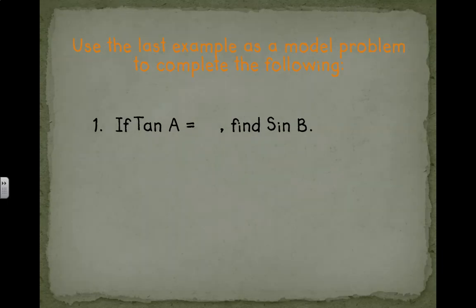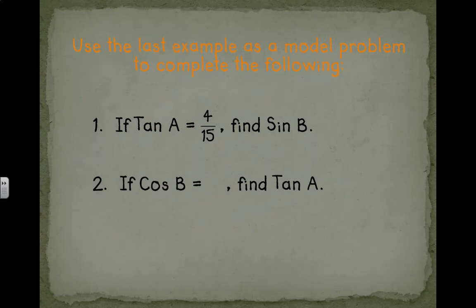I've got a couple of problems for you to put in your notes. You're going to use that last example as a model for these next two problems. Your first problem is, if tangent of A is equal to 4 over 15, then use that to find the sine of B. I'm going to let you work on that.